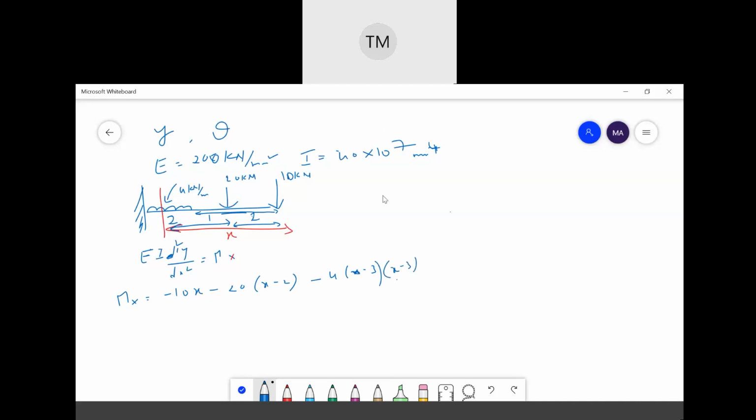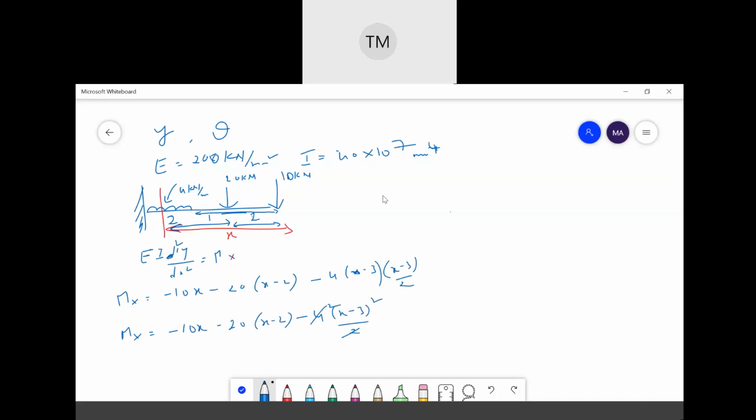x minus 3 by 2 will be the distance. So when you simplify this, Mx is equal to minus 10 into x minus 20 into x minus 2 minus 4 into x minus 3 whole square by 2.